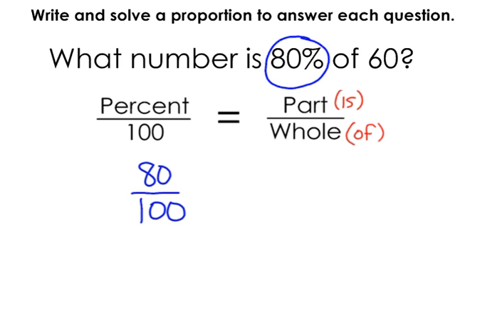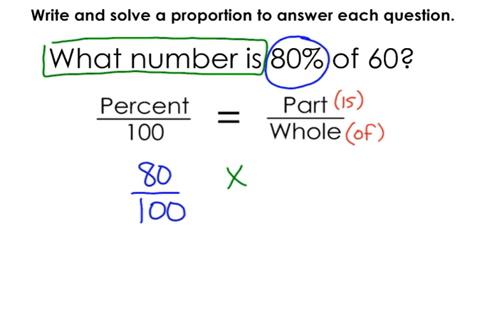Then I'm looking for what number. So that's going to be my numerator where I put a variable. So what number and out of 60. Oops, meant to do that in red. Out of 60 will be the denominator.